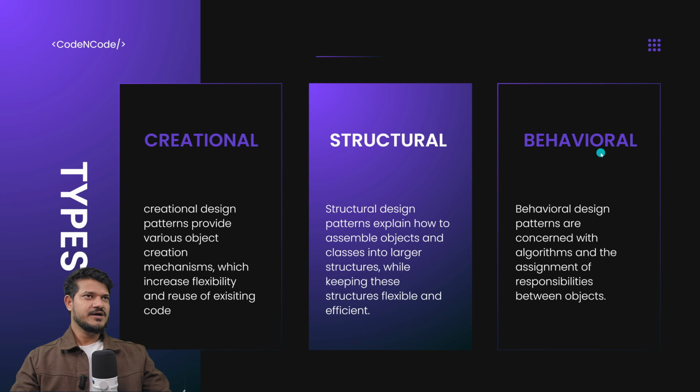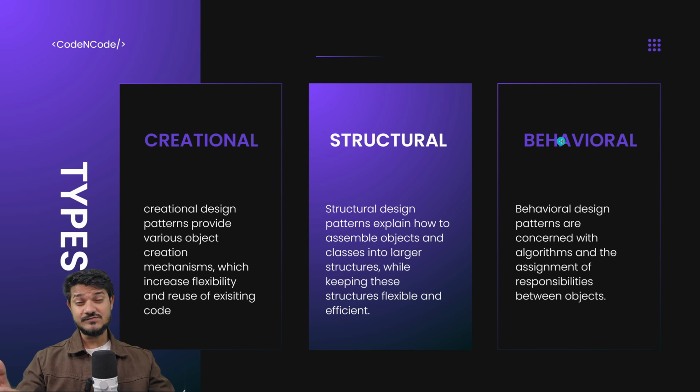For example, if you are creating a repository, you can use the strategy pattern to create an in-memory repository, DB repository, SQL repository, NoSQL repository, X, Y, Z. And then you have payment methods like UPI payment method, credit card payment method, XYZ payment method. So the strategy pattern, I have seen while teaching low level design, is used in a lot of places, and that comes under behavioral design patterns.